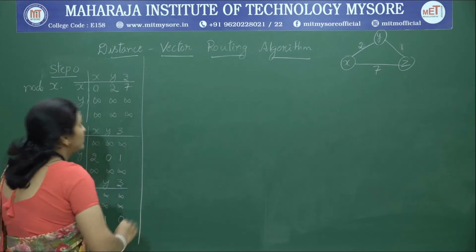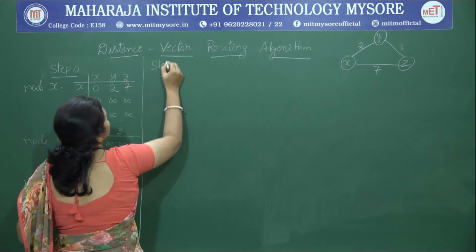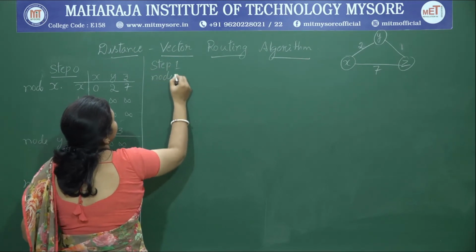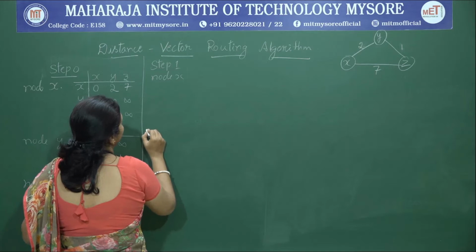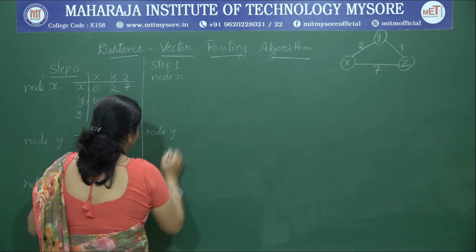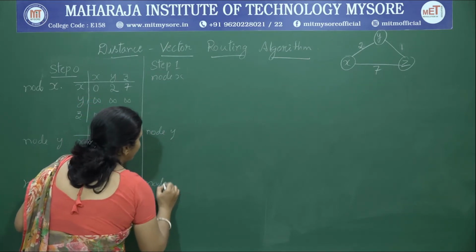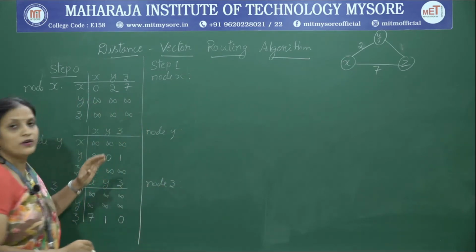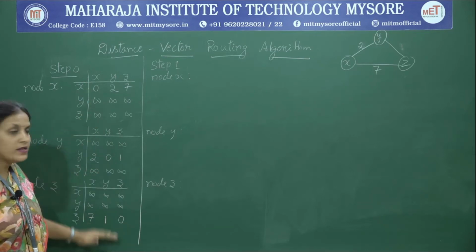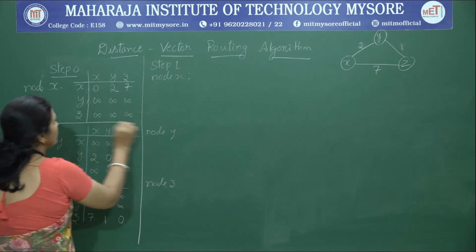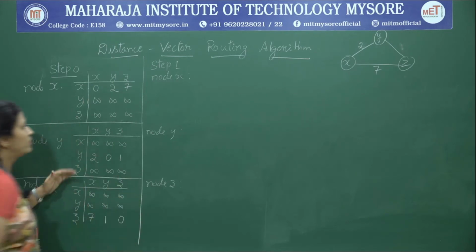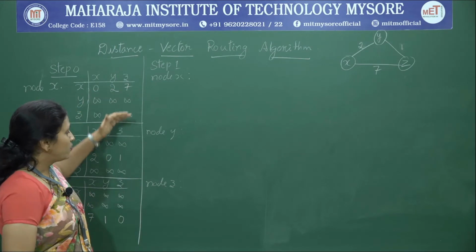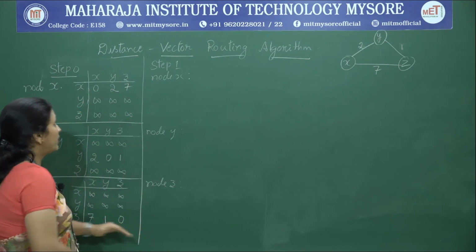Now, what it does at step 1, this is for node x, here we will have it for node y, and here we will have it for node z. Okay. What it does is, these 3 nodes, node x, node y and node z, send their distance vector to all other nodes.